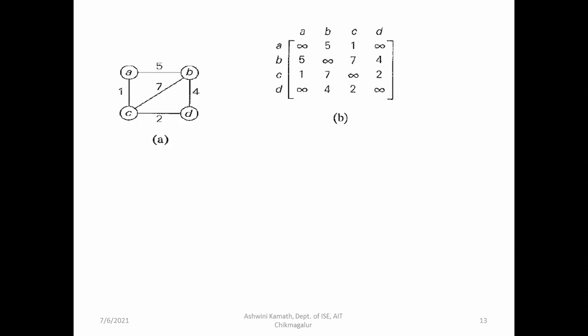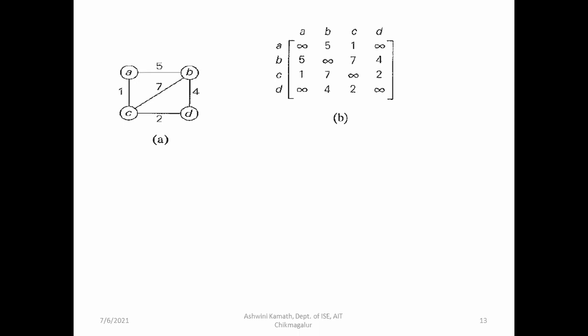Here you can notice that when we don't have a direct edge, we have the value infinity, because we don't know. From A to A, we don't know, so it will be infinity. A to D, we don't know what the cost is, so it will be infinity. So if we don't have the direct edge, then put the value infinity there.